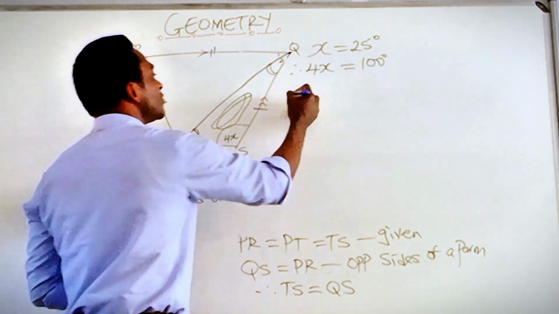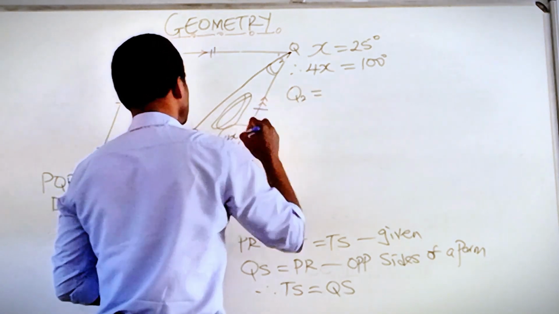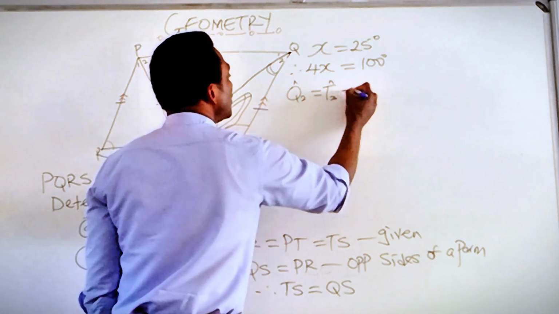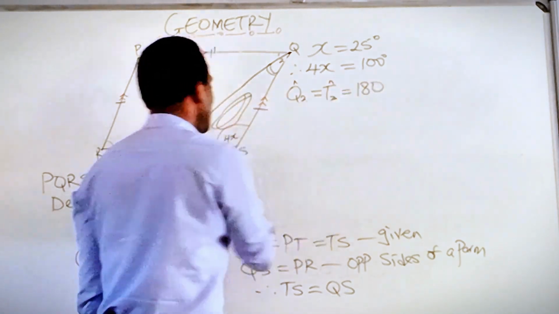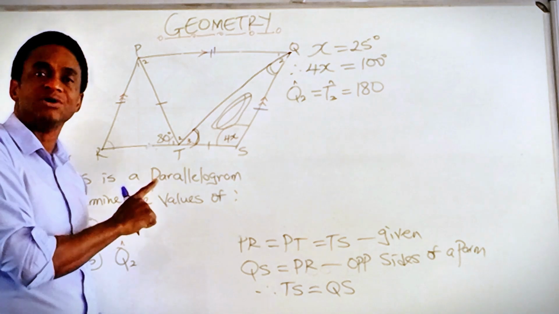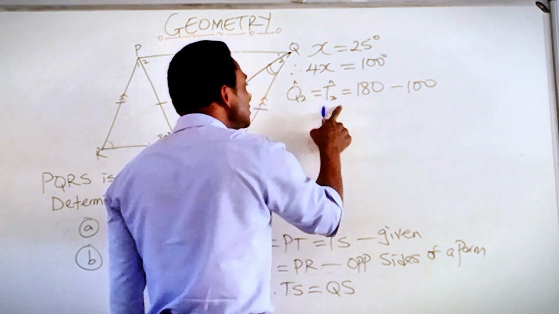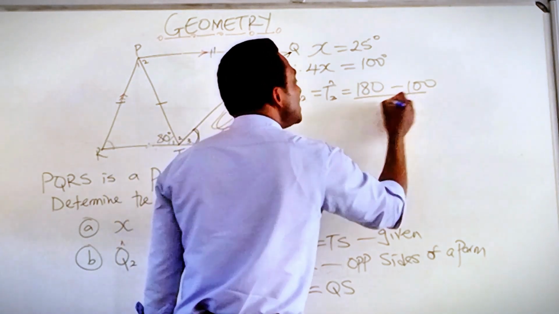So we can say that Q2 is equal to T3, and both of them will be equal to 180 minus whatever is left on that other angle, which is 100. Because both of them are equal, we divide by 2.